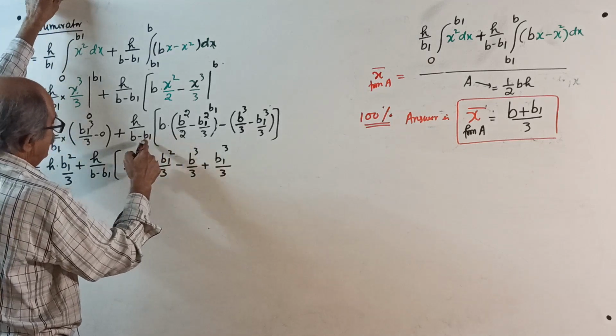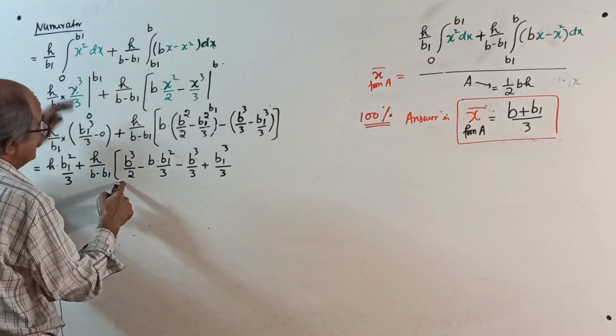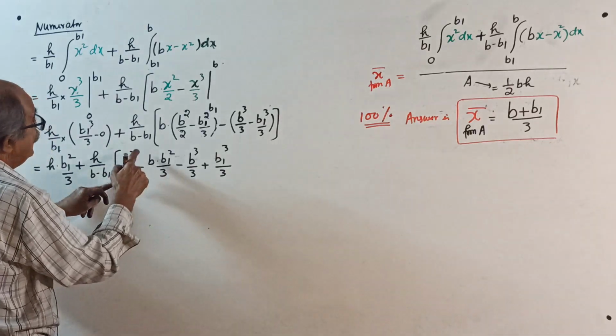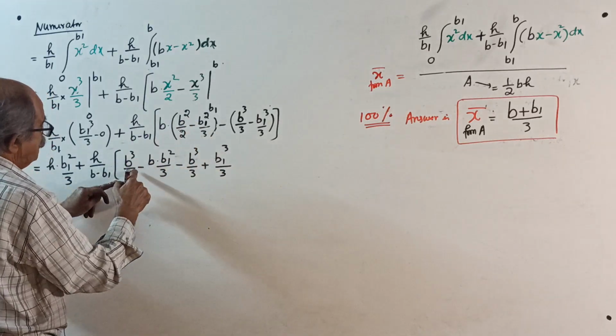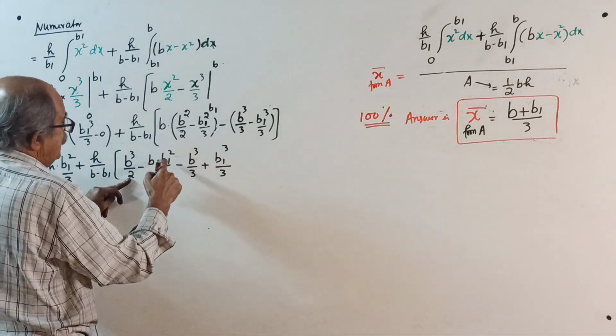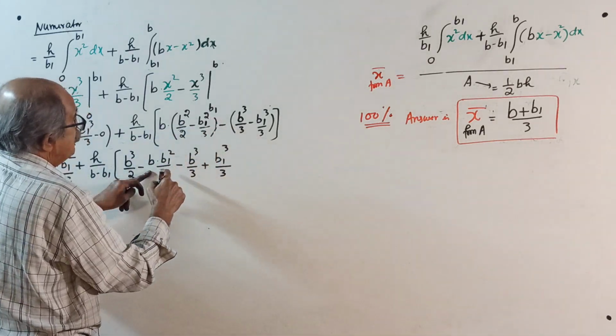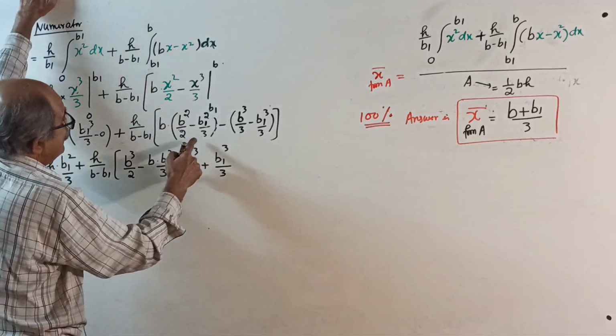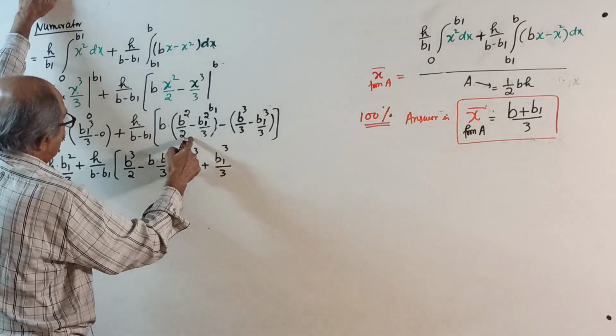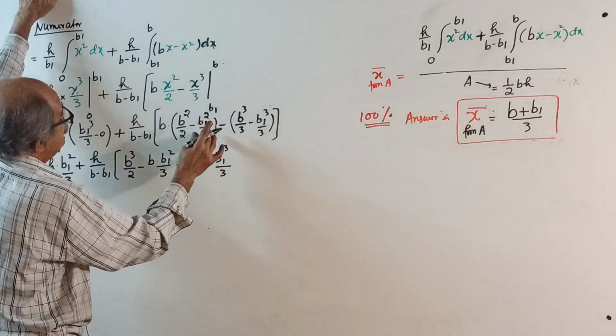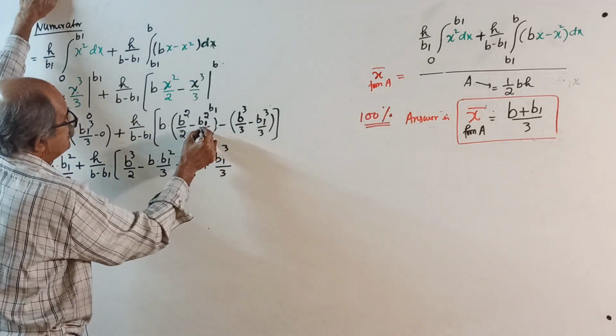One minute, h by b minus b1, one small mistake means problem will come. b into b square is b cube by 2 minus b into b1 square by 3, why 3 and 2 came here? No, it is not 3 and 2. This is actually 2. Oh, see here.